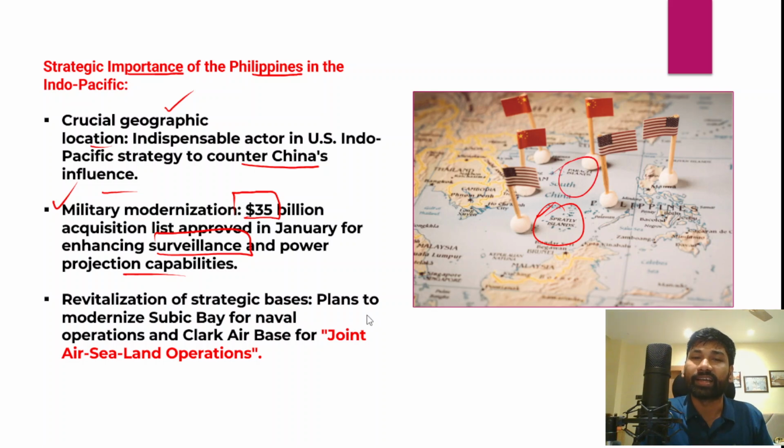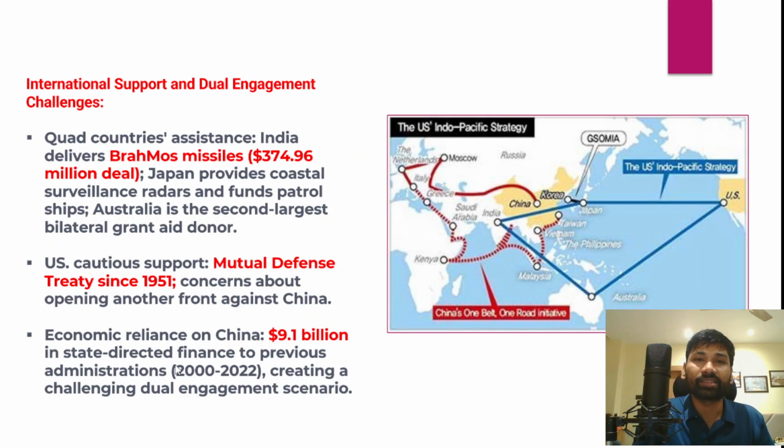There were different islands which were constructed and also used as military bases by China. And after that, there is also a revitalization of strategic bases, because there were plans to modernize Subic Bay for naval operations and Clark Air Base for joint sea and land operations to deal with the increasing Chinese threat.